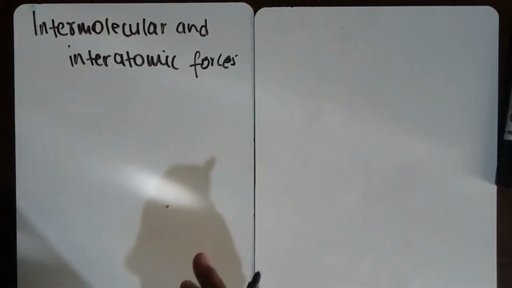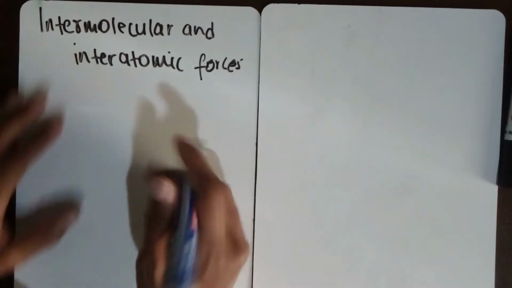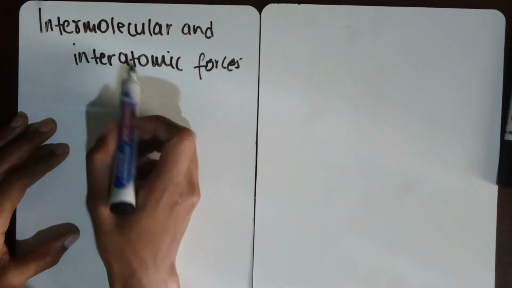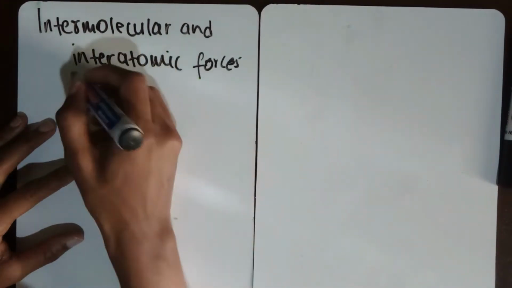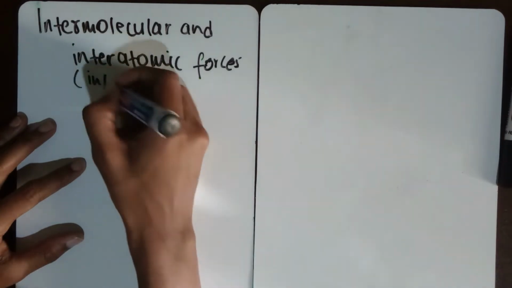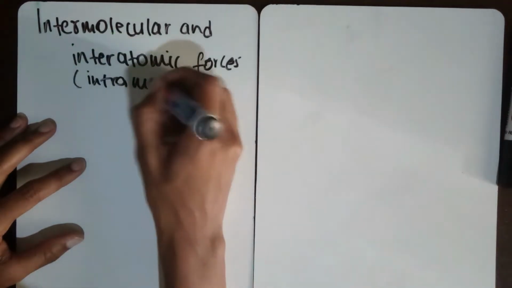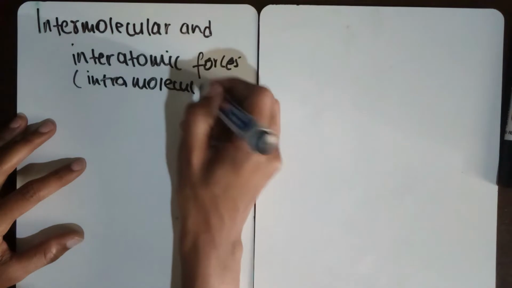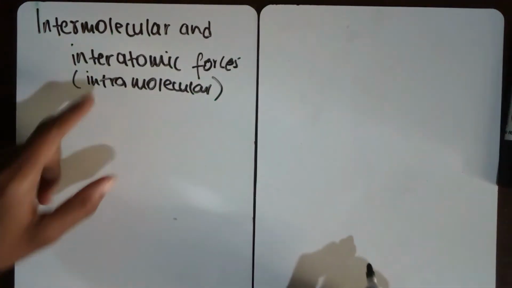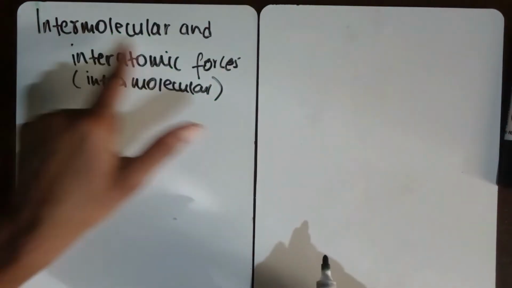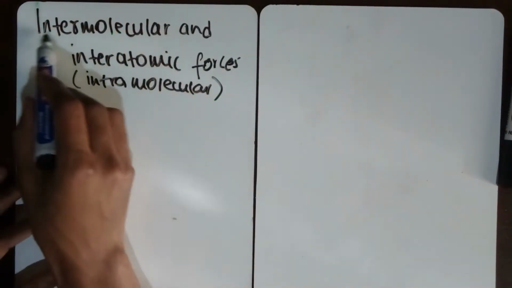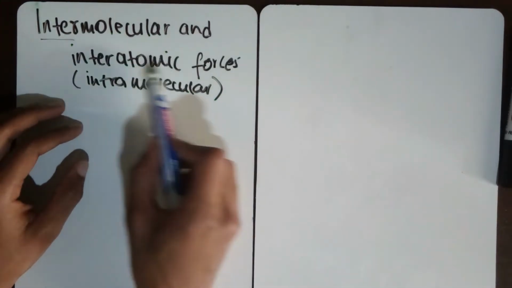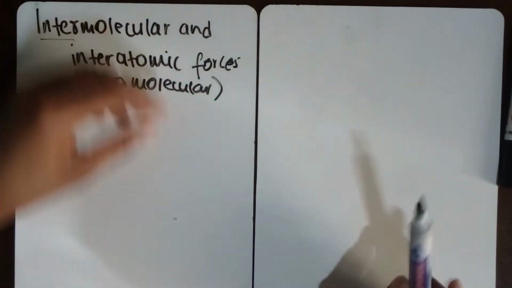Sometimes when people refer to interatomic forces, they also might say intramolecular forces. So interatomic as well as intramolecular forces refer to one and the same thing, right? Intermolecular means between molecules, and interatomic simply refers to between atoms within one molecule.